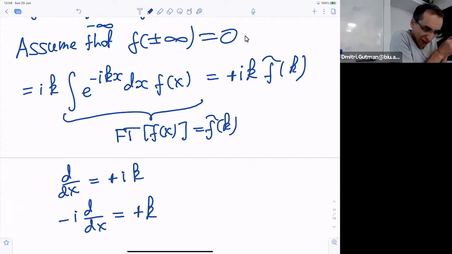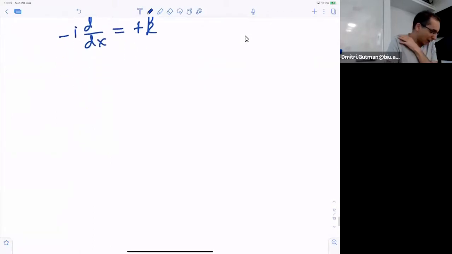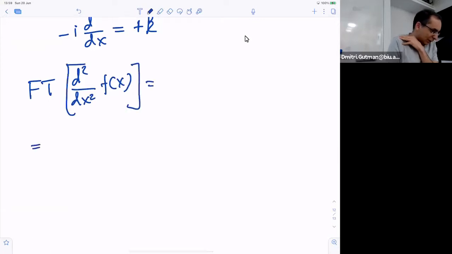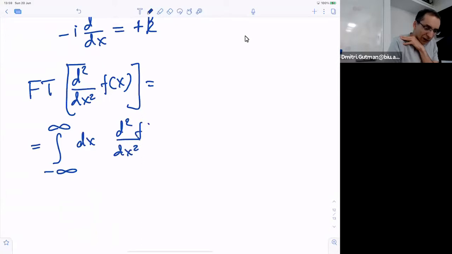Okay, so that's consistent. Of course now I can play a similar game and compute the Fourier transform of the second derivative of the function f of x. I do exactly the same. I'm computing the integral from minus infinity to infinity dx d2 over dx squared of f of x e to the minus ikx.